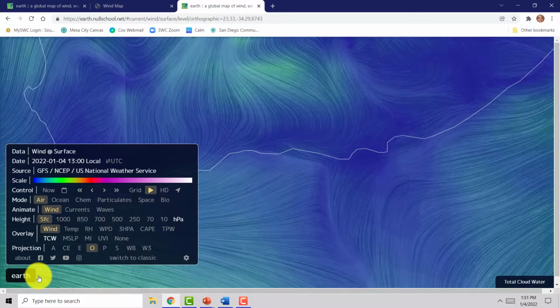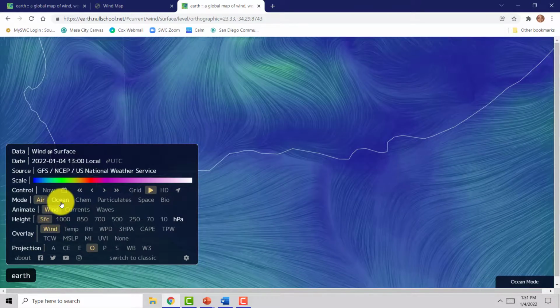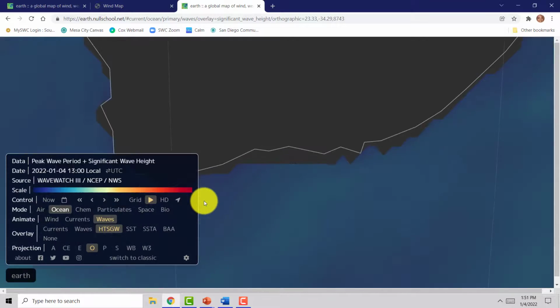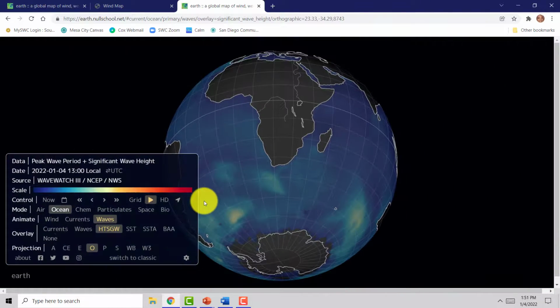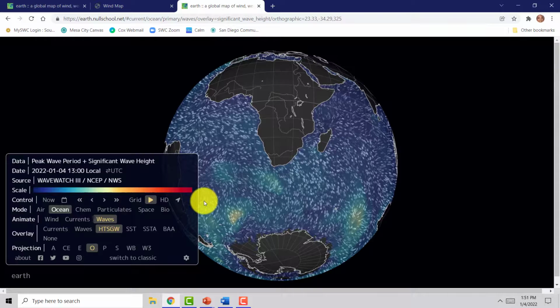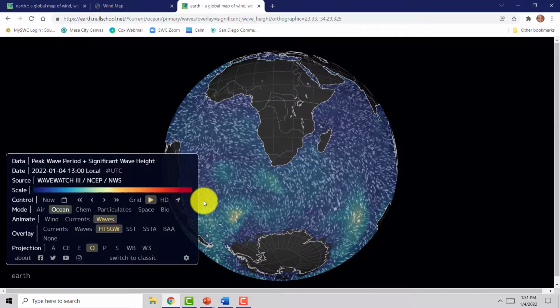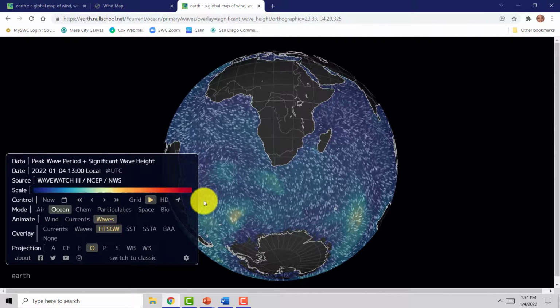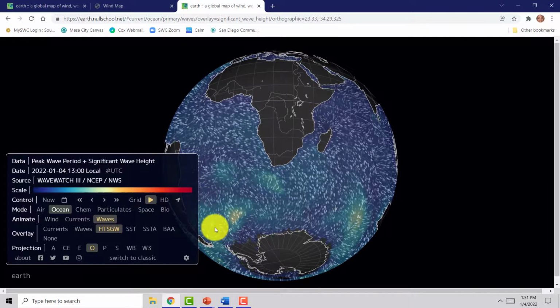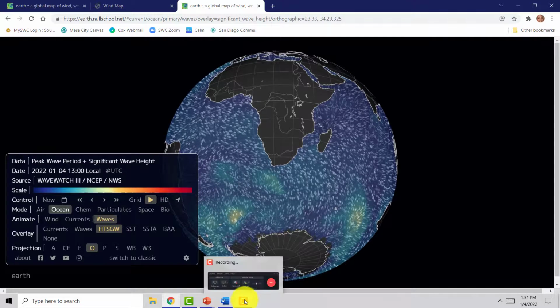Let's just look at one more aspect here. If we go to ocean and I zoom back out, you can see the major patterns of ocean currents. So that's a little diversion.